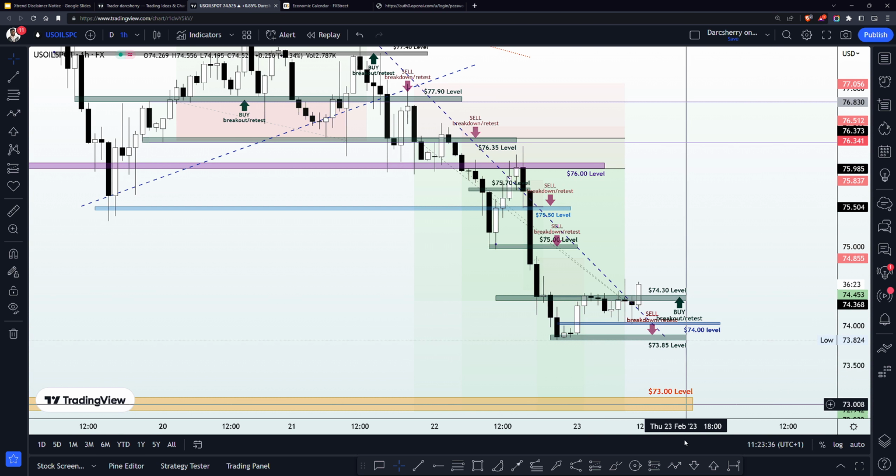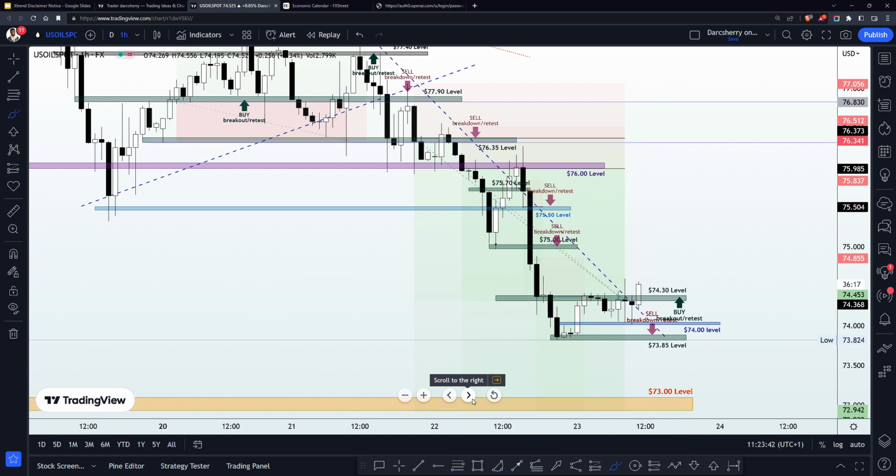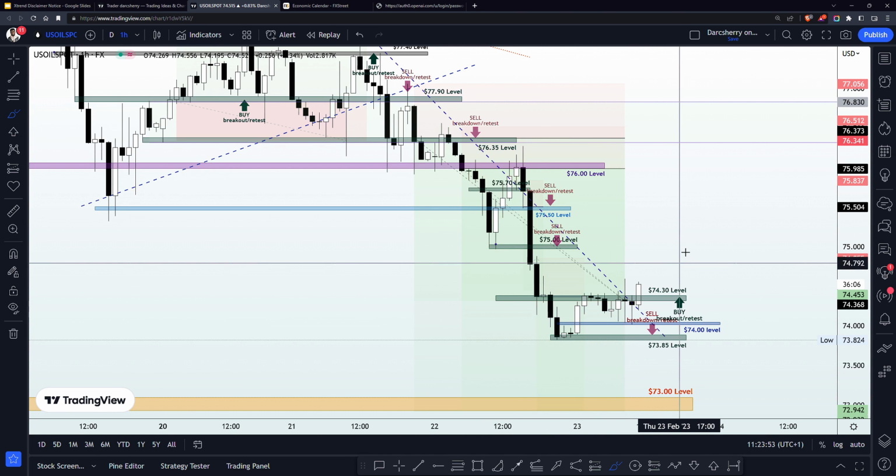So right above the $74.30 level seems most appropriate to join a buy position at this point, as that will result in the confirmation of that reversal pattern we just identified around this area, and at the same time breaking out of that bearish trend line that we have here.